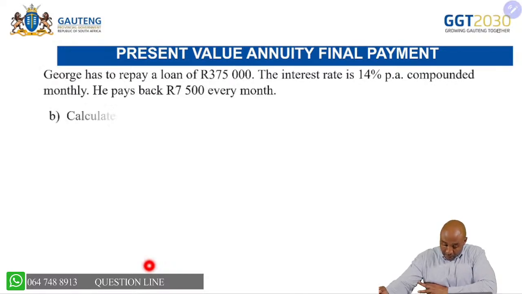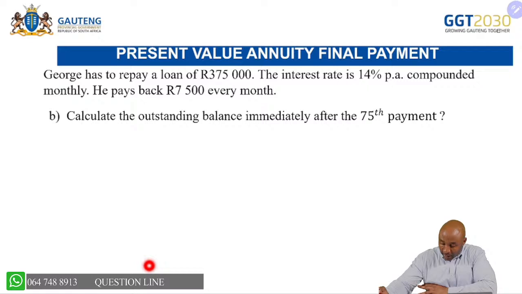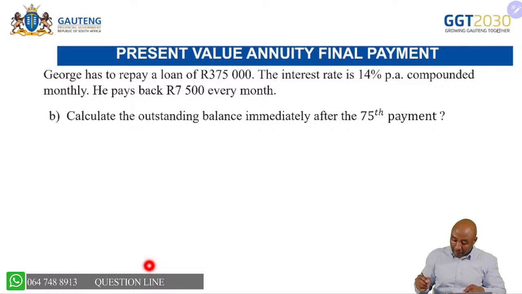Now, we are supposed to calculate the outstanding balance immediately after the 75th payment. My payment every month is that one.